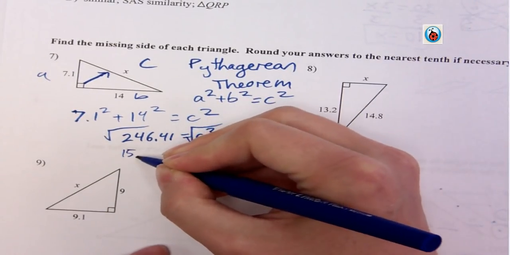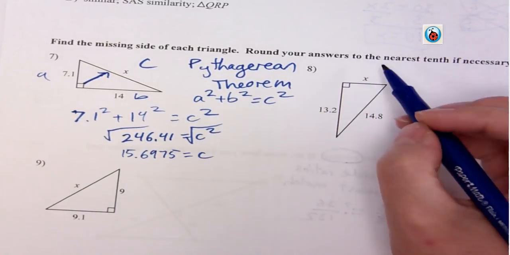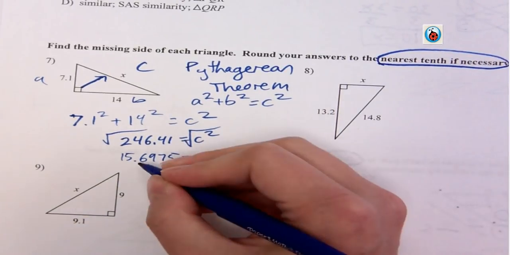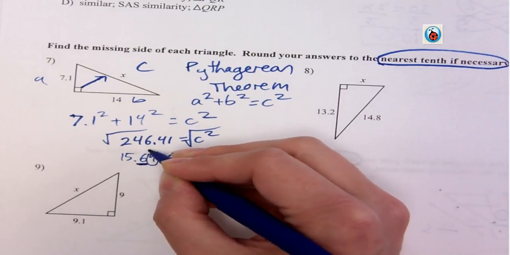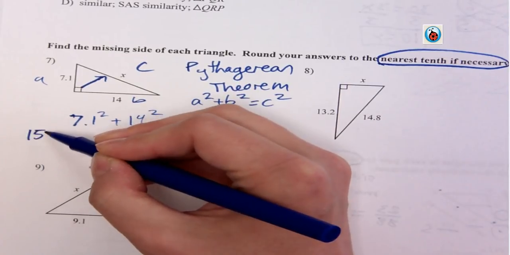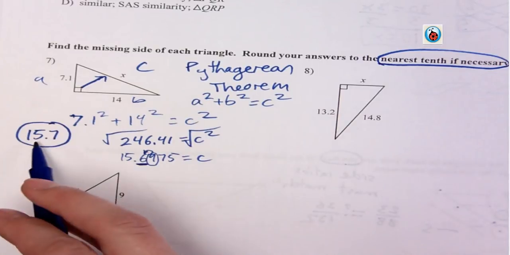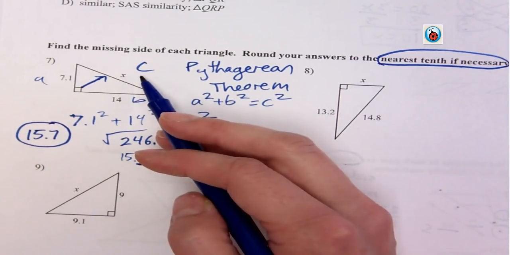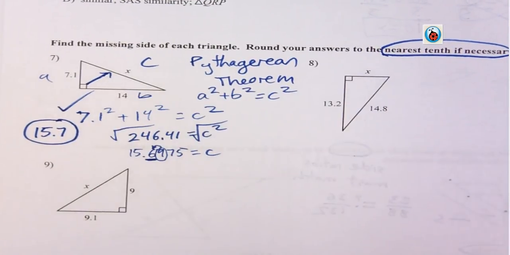So equals C, it tells me to round to the nearest tenth. So my nearest tenth is 1 decimal place. I look at the 9, and the 9 makes it go up to 7. So my answer is 15.7. And then I check, is that a logical number for this problem? C, so yes, it's the biggest number, and it's not crazy big or crazy small, so yes, it checks.